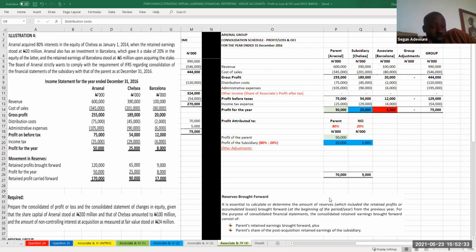And it has just 20% in Barcelona, so there's no control. We won't be able to consolidate. We'll just account for the investment in Barcelona using the equity method. That is basically what we are meant to do, and we'll prepare the consolidated income statement and statement of changes in equity. Okay, now let's try and solve the question.